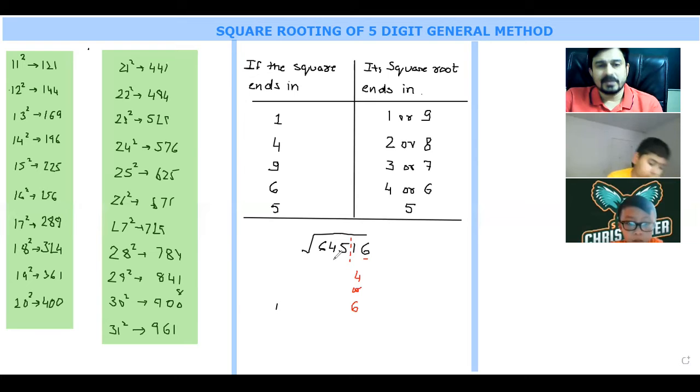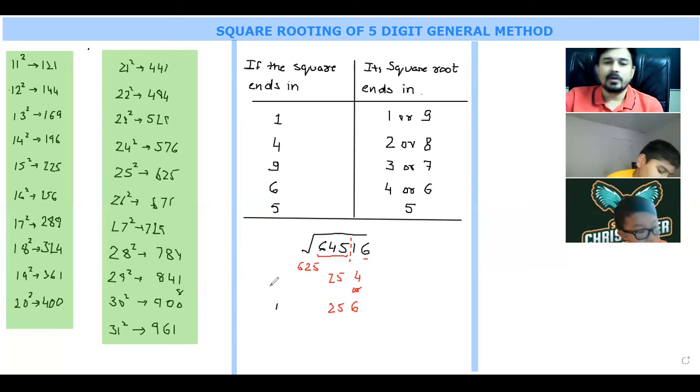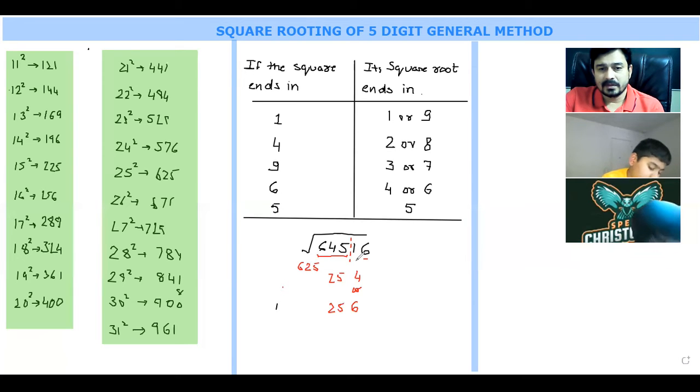Now the perfect square just smaller than 645 is 625 and its square root is 25. So you will write 254 or 256. This was our second step. Now for the third step, you will write the square of the number just greater than 25, that is 26 square is 676.